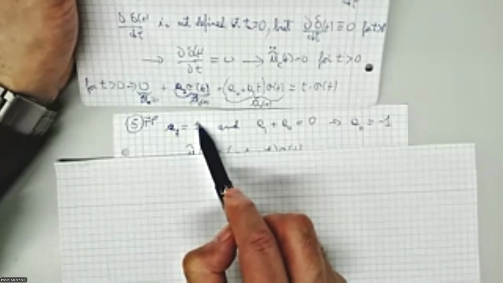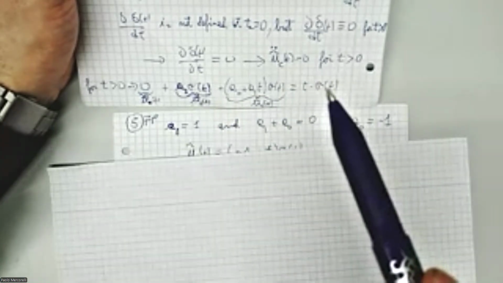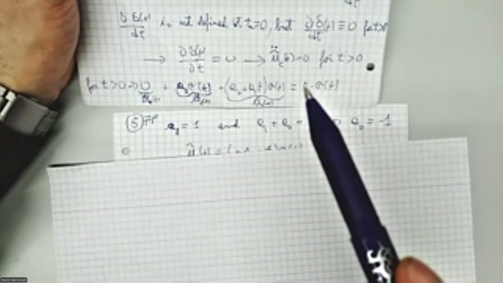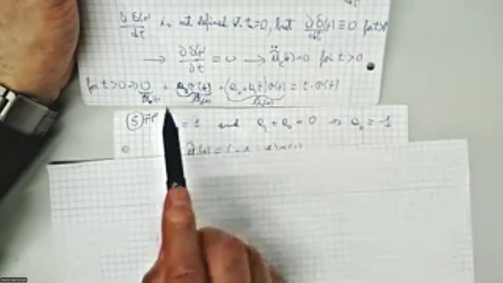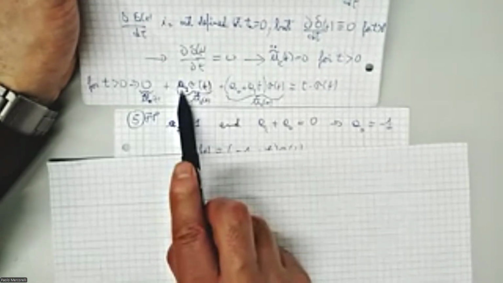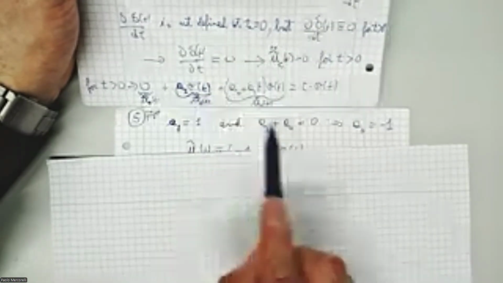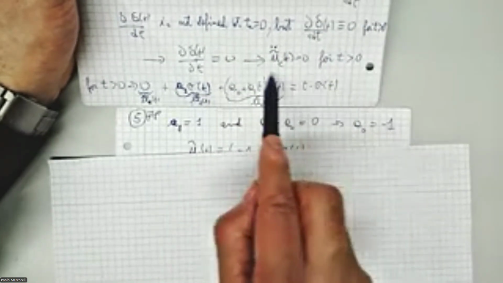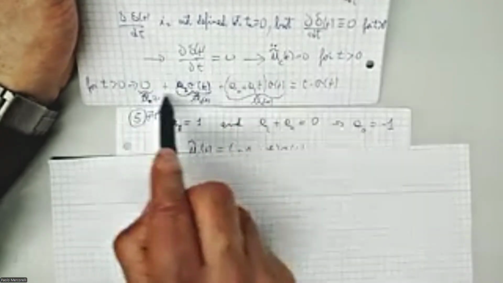And then the other condition is exactly this: A1 plus A0 equals 0. Otherwise, I cannot satisfy this condition here.